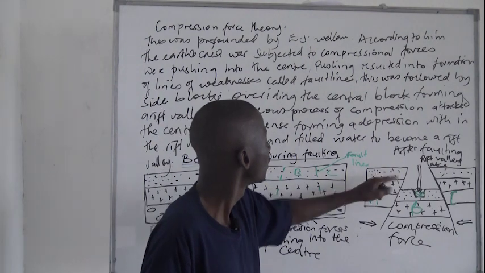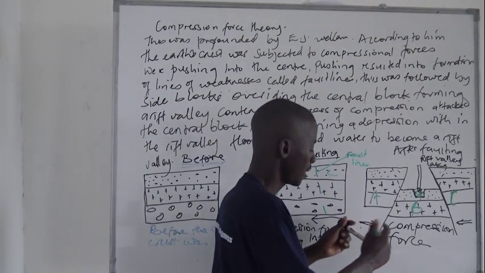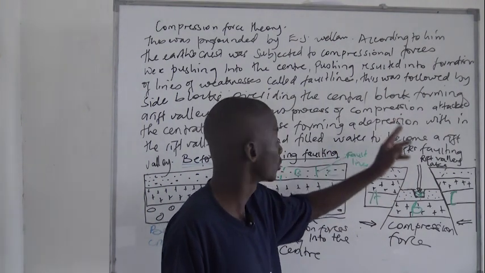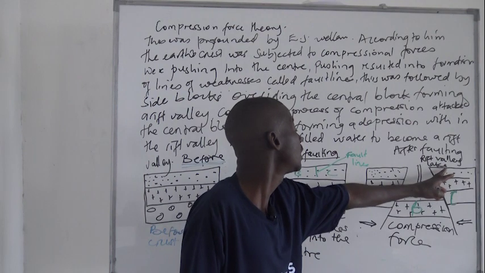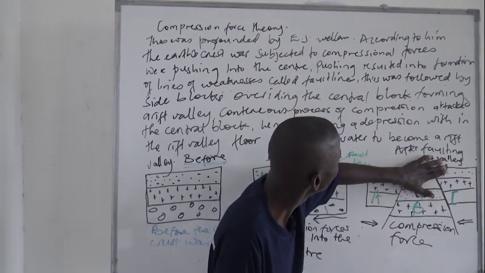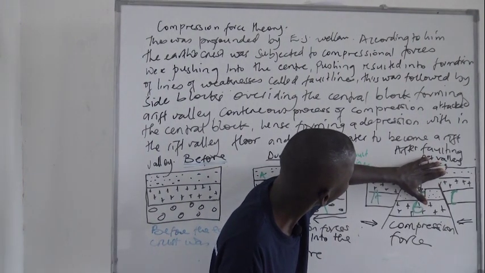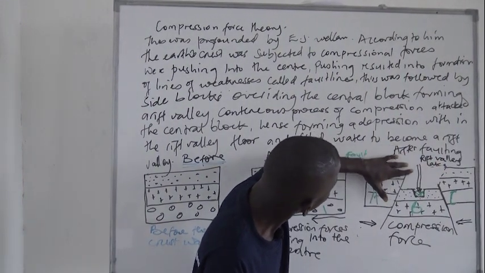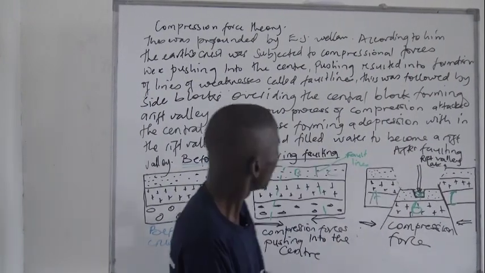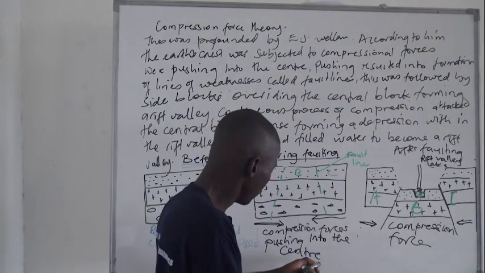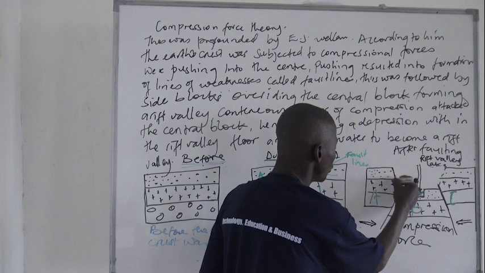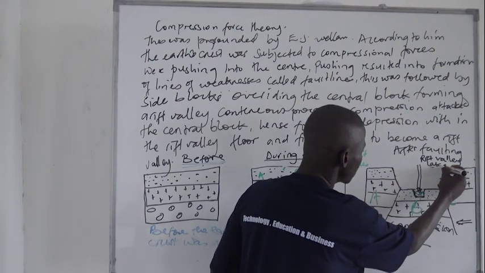And later on, due to denudation processes, when I talk of denudation processes, I mean weathering or soil erosion took place, and this sharp edge was removed, like that. And when it was removed, finally, the Rift Valley was formed, which looks like that.